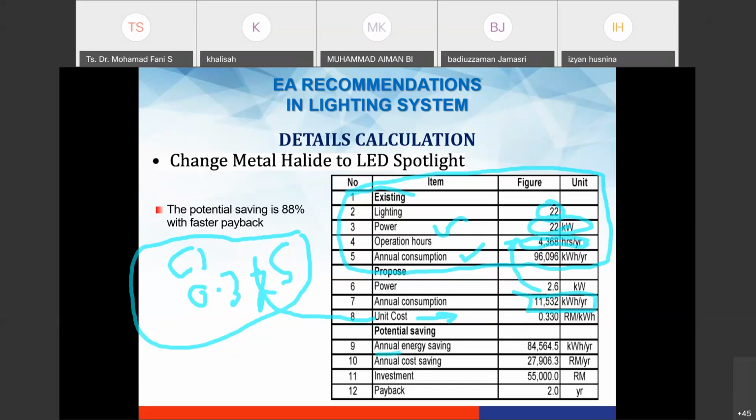Again, annual energy saving is the baseline annual consumption minus the new one. So annual energy saving multiplied with the tariff rate, we can get the saving for 1 year.